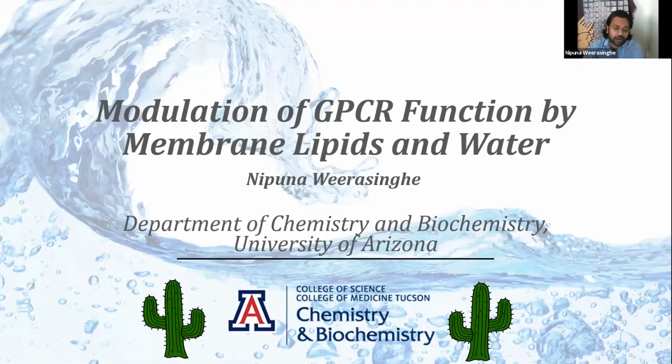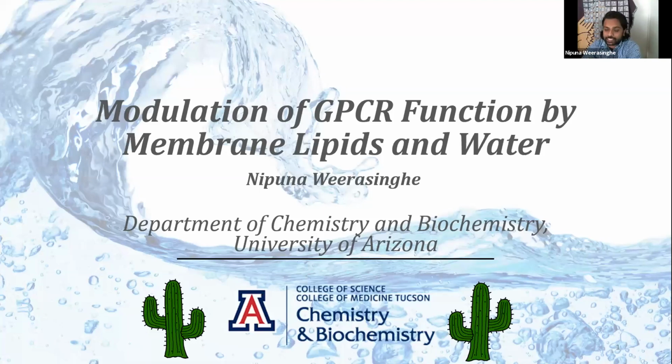So today I'm going to briefly discuss the research work we conduct at Brown Lab to determine the effect of soft matter, which is primarily membrane lipids and water, on the activation and modulation of GPCR function. So here is my content. First of all, I will briefly discuss why we want to study GPCR.